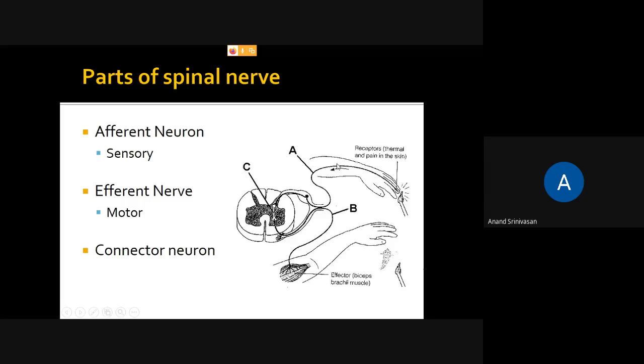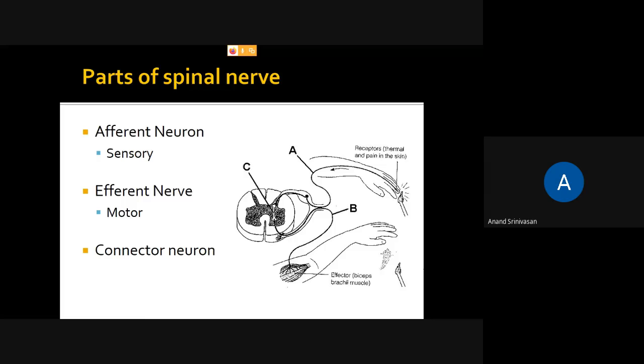It realizes that there is a hot substance. The receptors travel through the nerve, then reach the dorsal nerve root ganglion, and from there reach the spinal cord. In the spinal cord, it is processed.